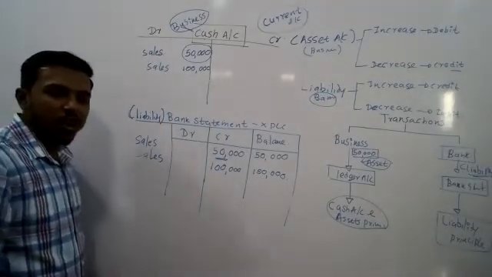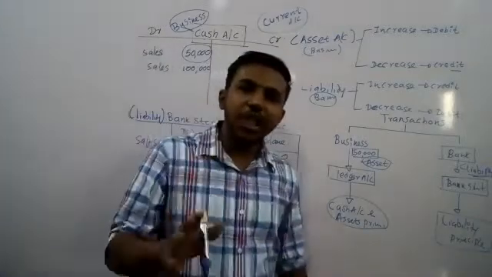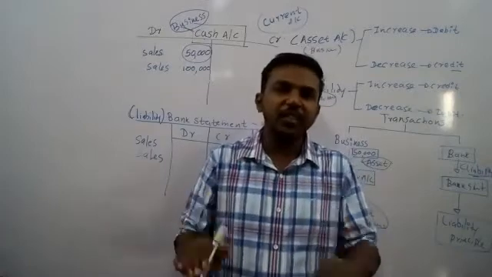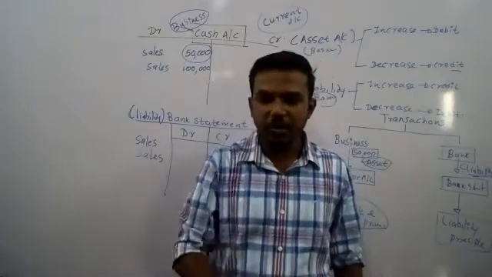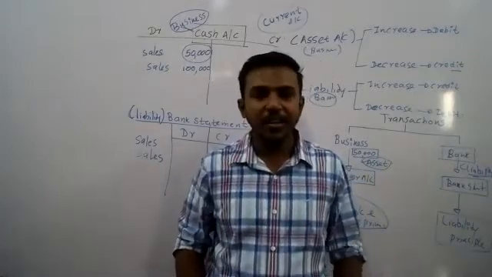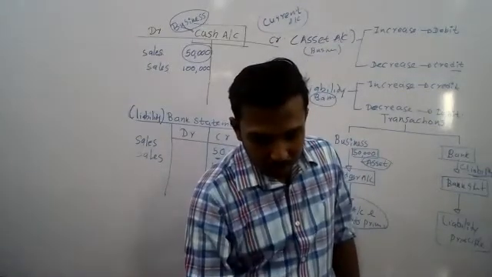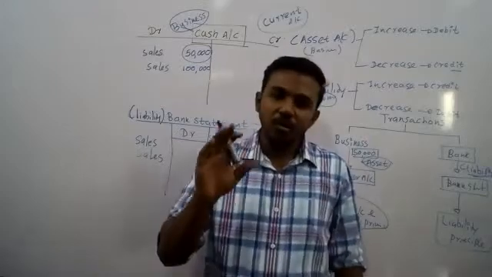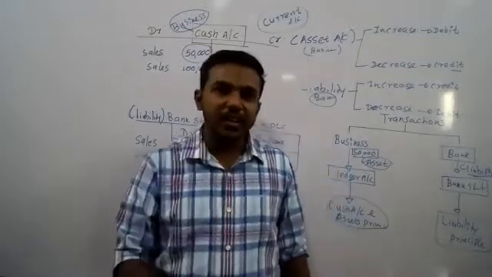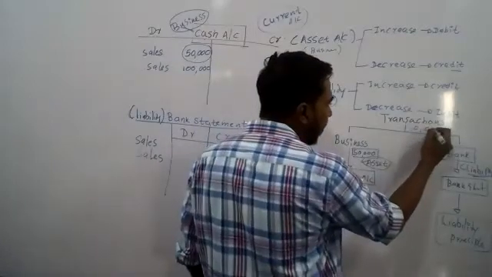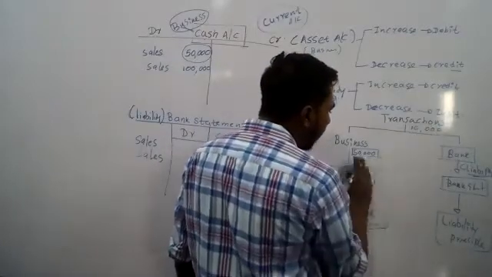We will say now we are going to issue a check for the electricity bill. We will say rupees 10,000 is the electricity bill. Right? So once you issue a check for electricity, 10,000, this transaction should be recorded by both parties.